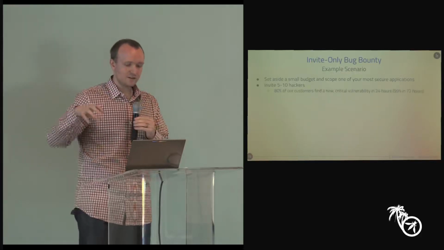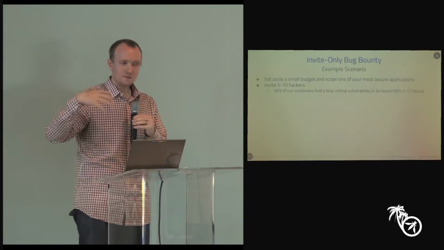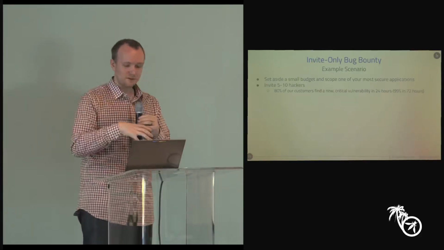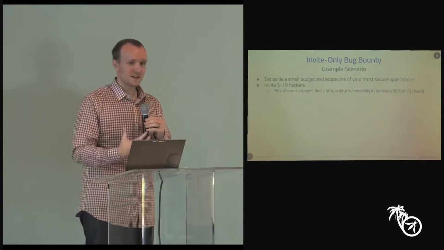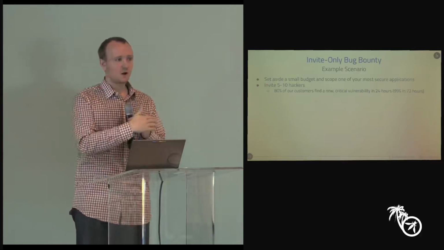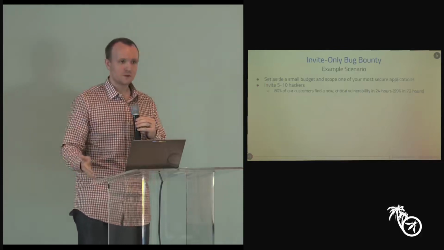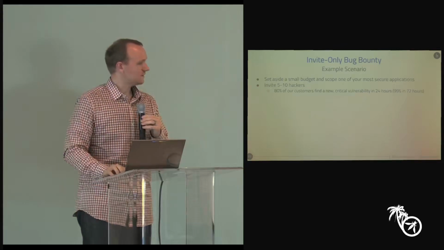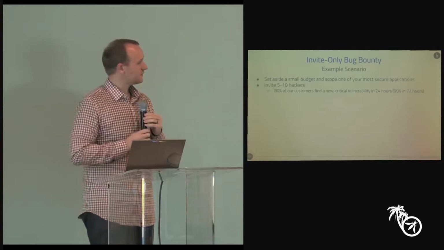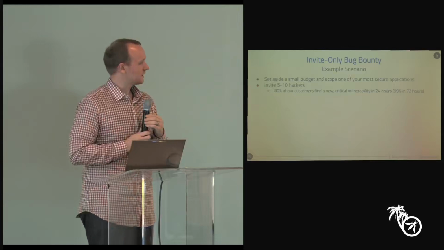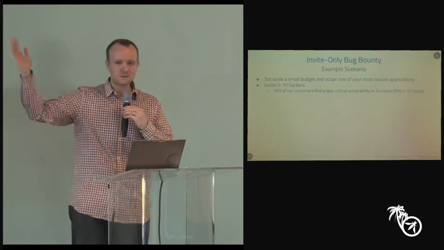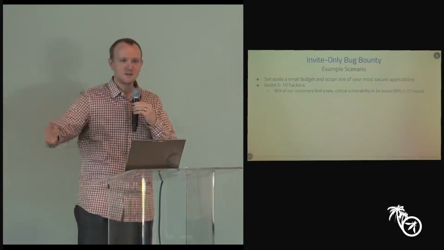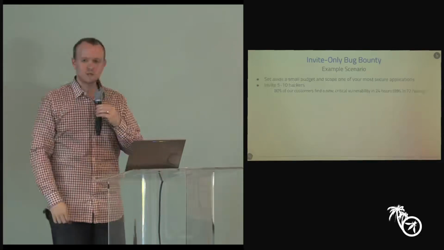And we find that 80% of our customers who run these programs find a new critical security vulnerability in the first 24 hours, and practically all of them find a new one within 3 days. That's pretty surprising. I wanted to always use the 3-day one, because everybody finds a critical vulnerability in 3 days, but our marketing people were like, "No one's going to believe you.